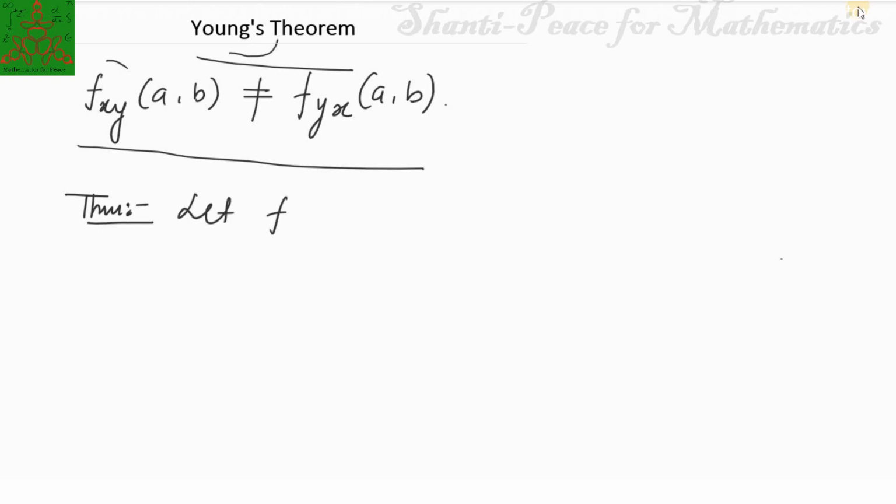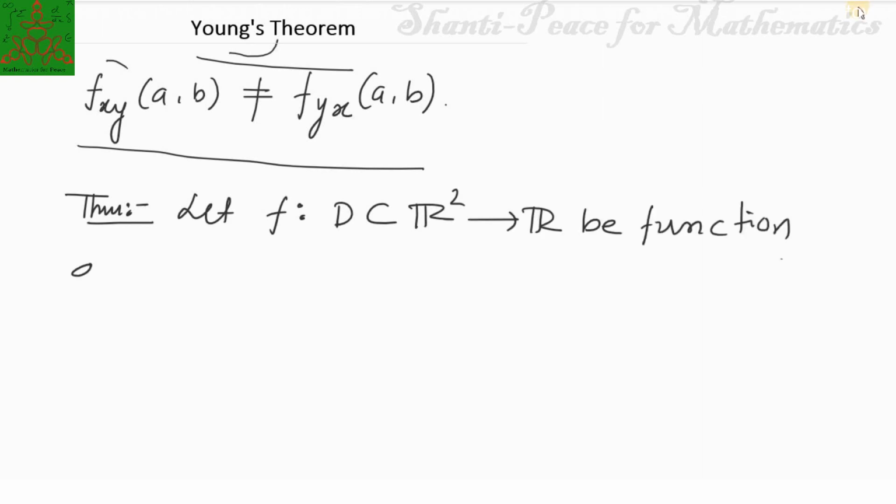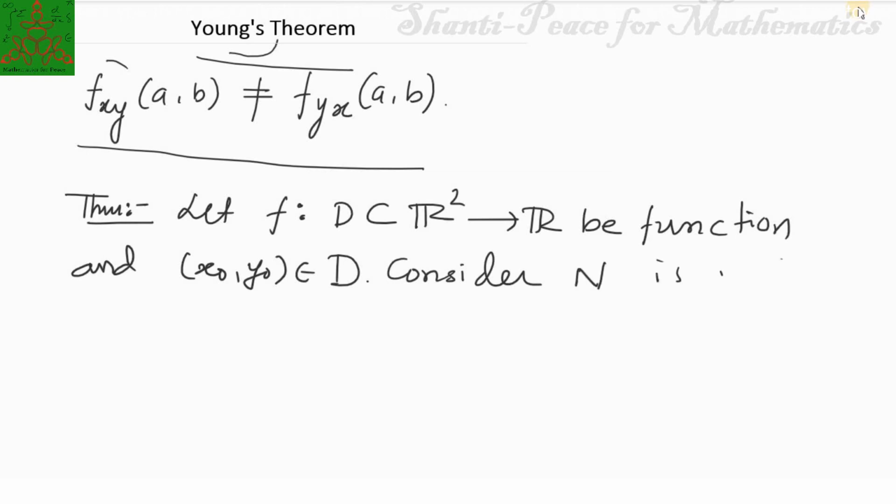Let f: D ⊆ R² → R be a function and (x0, y0) belongs to D. Consider N as a neighborhood of (x0, y0). Now two conditions should be satisfied.